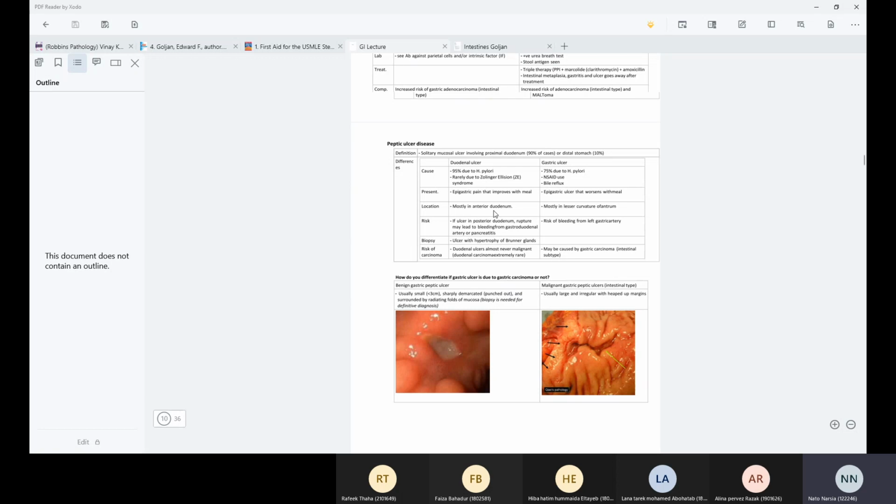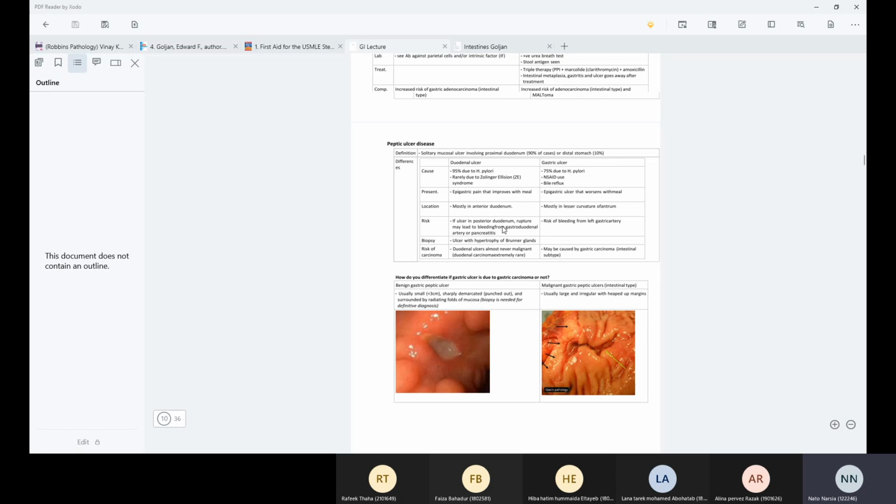Guys, here is the anterior duodenum, but what happens in the posterior duodenum now? It is rare. Rarely do you find it in the posterior duodenum, but complications usually you find in that case, okay, in the posterior duodenum. In the posterior duodenum, you can have rupture and bleeding. Okay, perforation is a very common complication in that case.